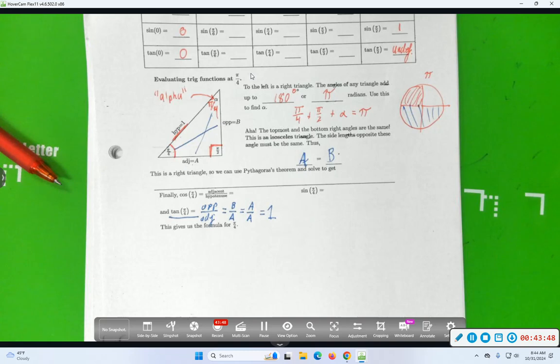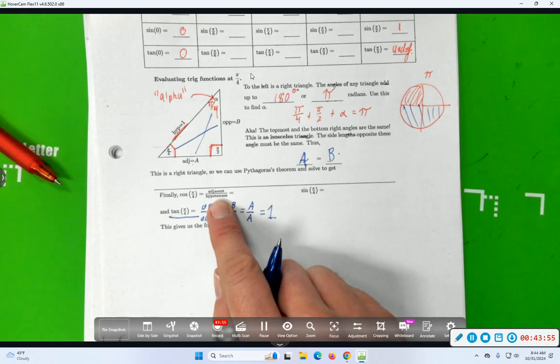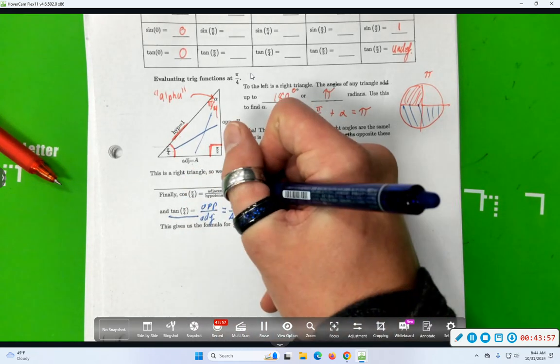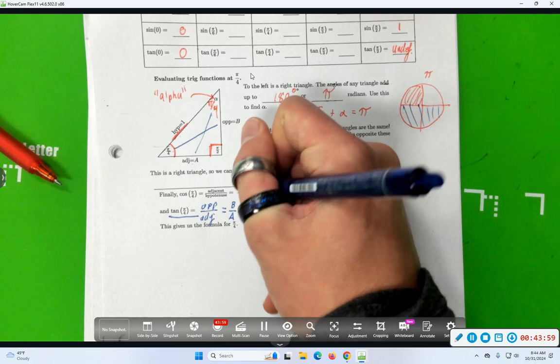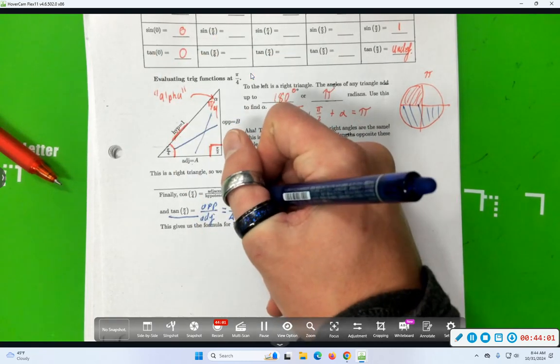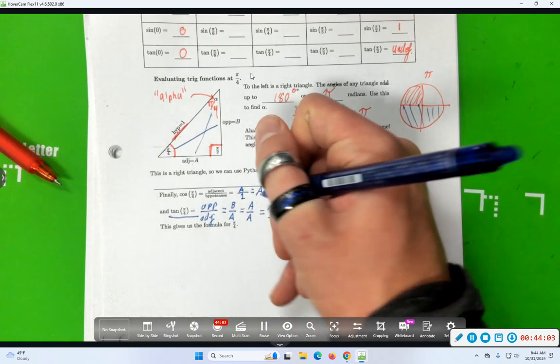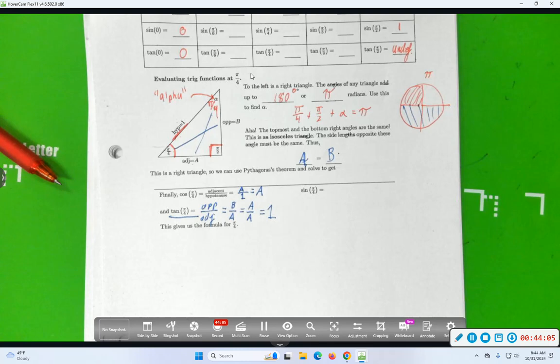So if I want to figure out sine and cosine, let's think about what we need to do to figure out cosine. Cosine will be adjacent over hypotenuse. Adjacent is A, divided by hypotenuse is 1. So that's the side length A. Looks like I need to actually know what A is. What can I use to figure out what A is now?